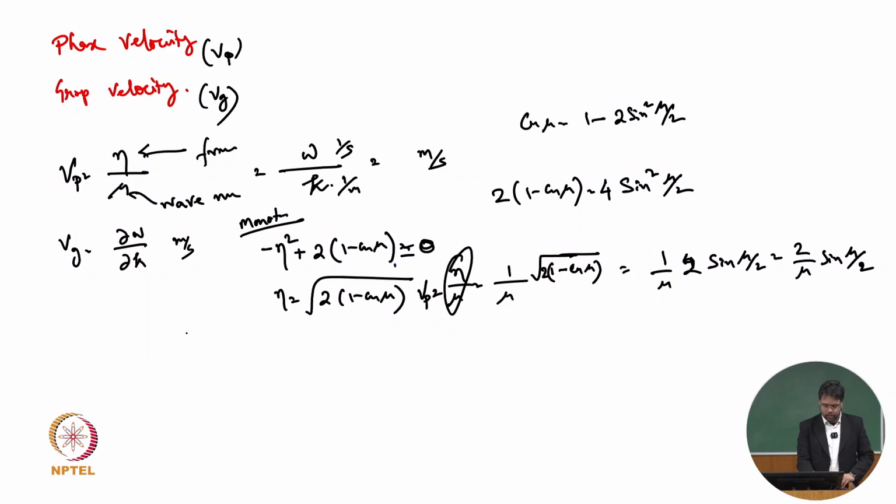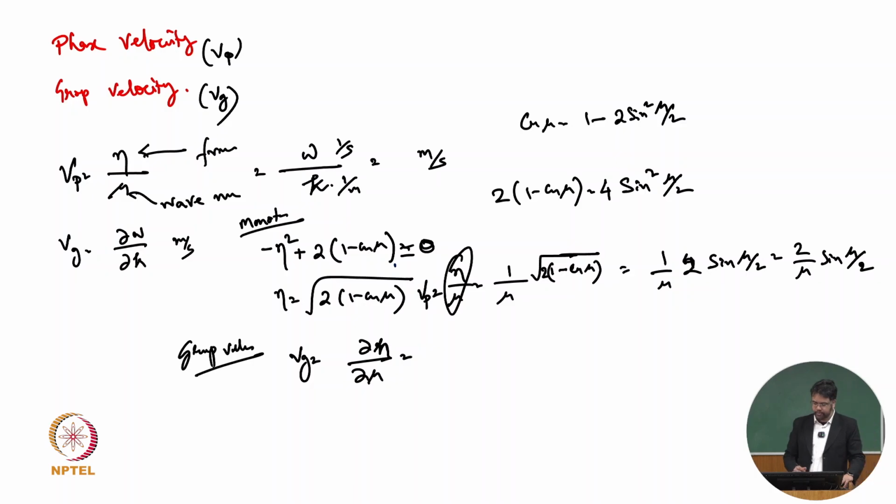And what is the group velocity? Group velocity Vg will be equal to del eta over del mu.